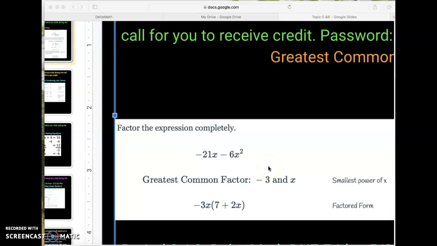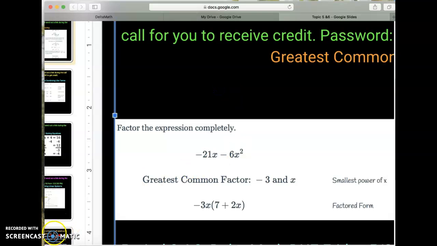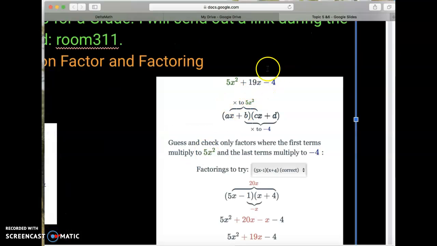This is like factoring. We've done it in 8th grade already, but I just wanted to brush up on it. Looking at these, 2 things I always remember are you need to look at the first and the last coefficient and multiply them together. So 5 times negative 4, that is negative 20. What factors of 20 add up to 19?